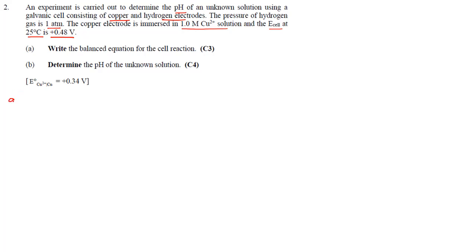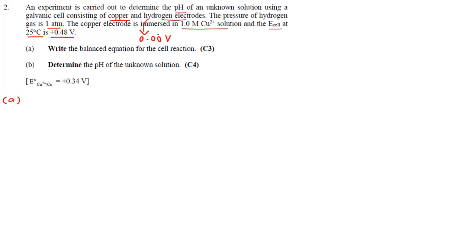Okay, so before we write the balanced equation, you must know which will undergo oxidation and which will undergo reduction. Involving hydrogen gas and hydrogen electrode, you must know this is our standard hydrogen electrode, our SHE. Its value is 0 volt.